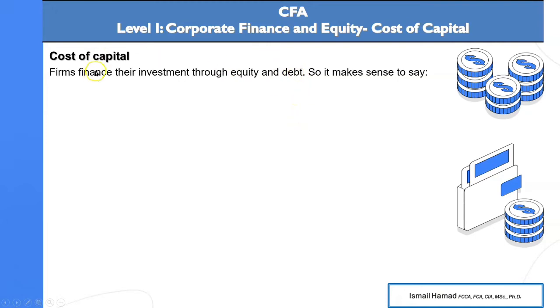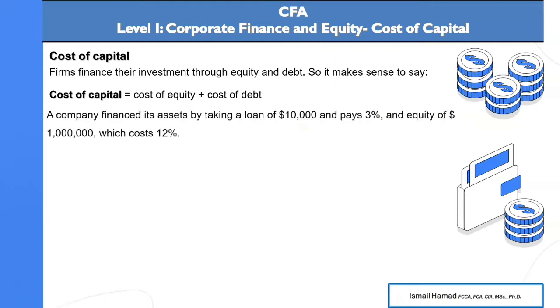So how do we calculate the cost of our capital, which is being provided by the equity and the debt? It makes sense to say that cost of capital equals the cost of equity plus the cost of debt. So if we say that the cost of a company's equity is 12% and the equity in the balance sheet is $1 million, and the company also borrowed $10,000 to finance their operation, for which they pay 3%.